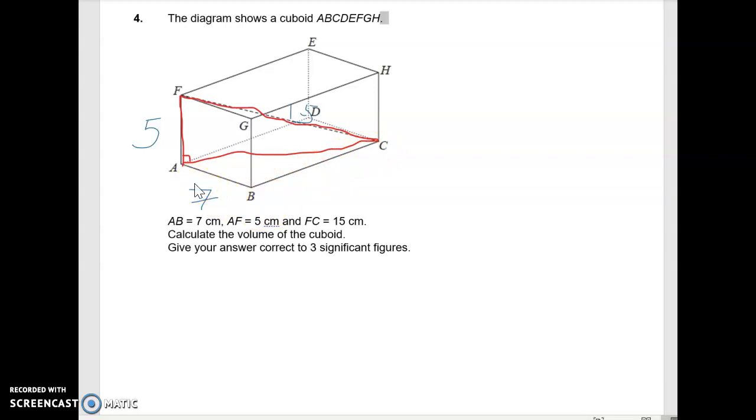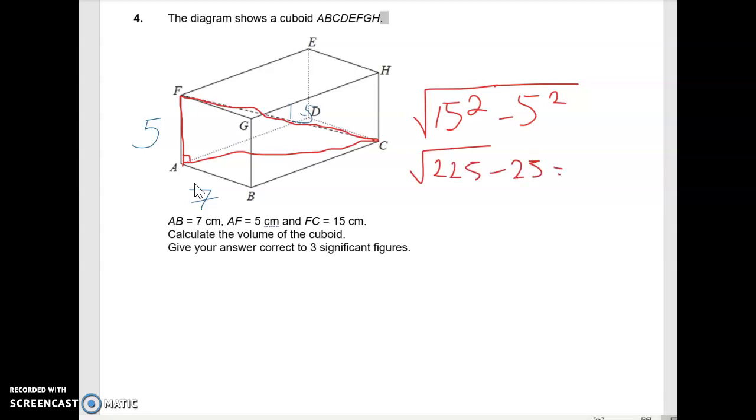So let's do this. So I know that the square root of the hypotenuse, which is 15 squared, take away the shorter side, 5 squared will give us our answer. So that is the square root of 225 minus 25, which is the square root of 200.